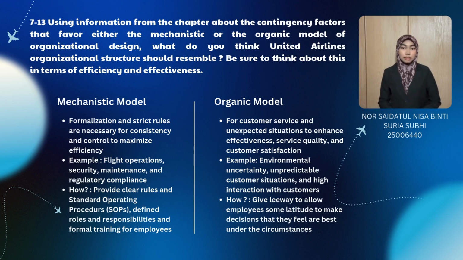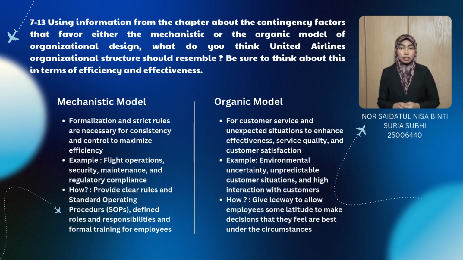Second, United Airlines also needs the elements of the organic model, especially in customer-facing functions. It is effective for customer service and unexpected situations that will enhance service quality and customer satisfaction. For example, environmental uncertainty, unpredictable customer situations, and high interaction with customers in cabin crew service.